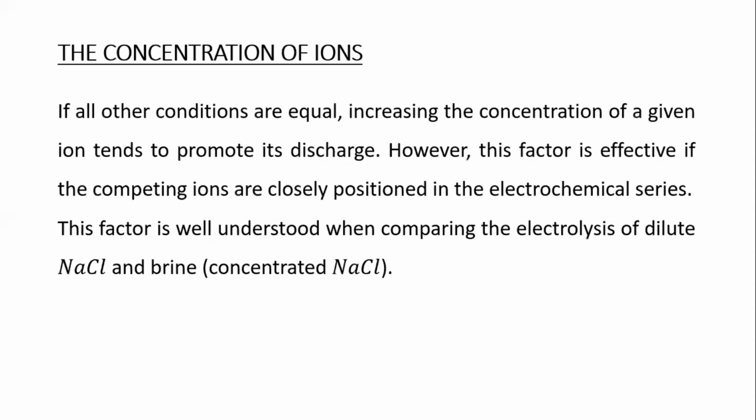Now let's talk about factor number 2, and that's the concentration of the ion. If all other conditions are equal, increasing the concentration of a given ion tends to promote its discharge. But this factor is effective if the competing ions are closely positioned in the electrochemical series.